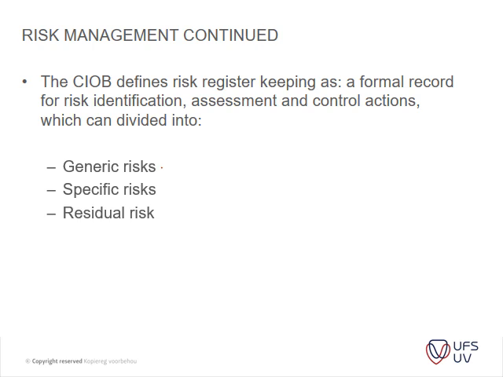Specific risks which are particular to the project in hand, and this is now, for instance, if you've got a confined space within a built-up area, you have to have shoring to protect the buildings next to it. So that's a specific risk for a specific site.